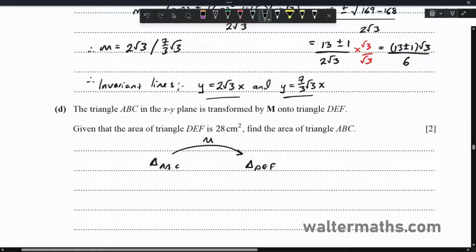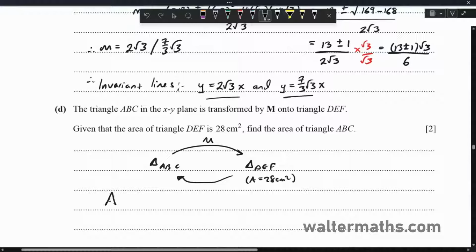Alright, we've been told that the area of triangle DEF is 28 square centimeters, so they want us to find the area of triangle ABC.